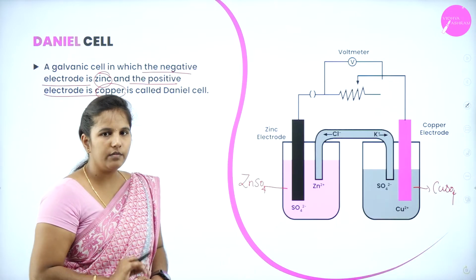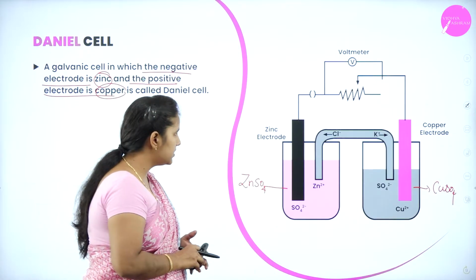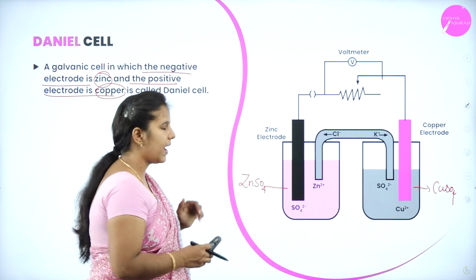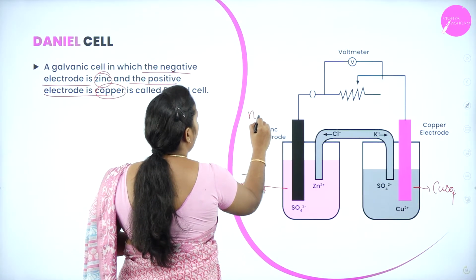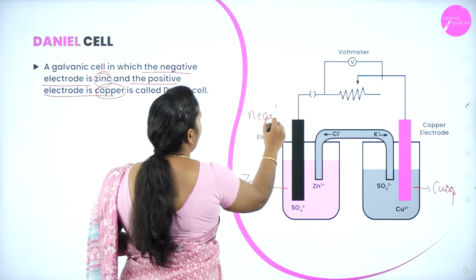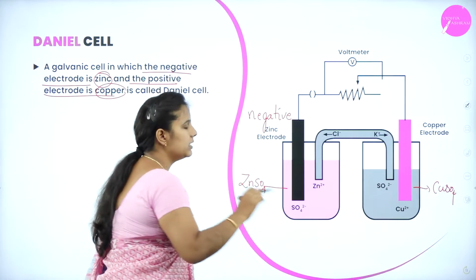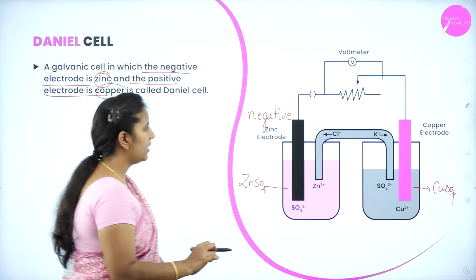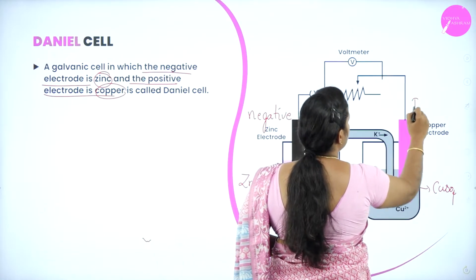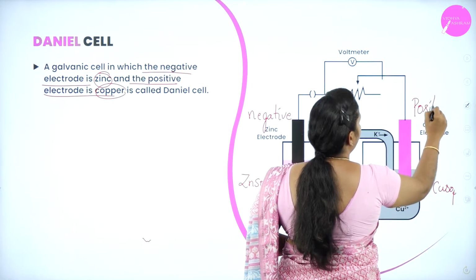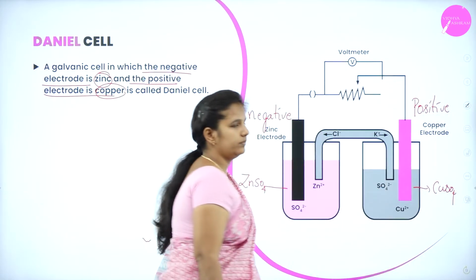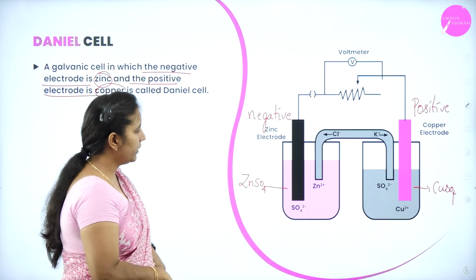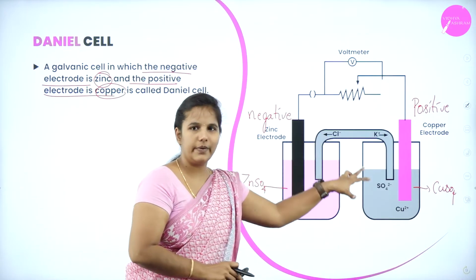Here we have considered the zinc electrode as the negative electrode, and the copper electrode as the positive electrode.